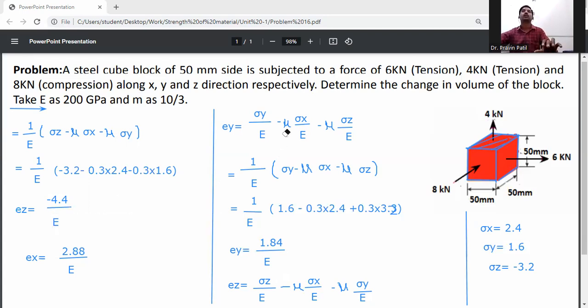Okay. So now write down EV is equal to volumetric strain, which is EX plus EY plus EZ.